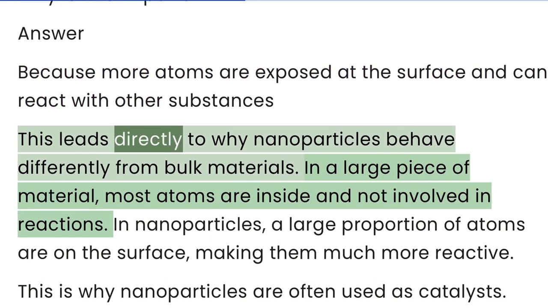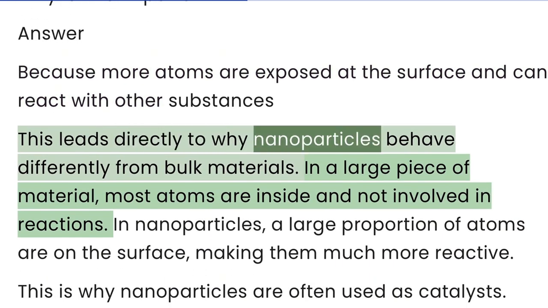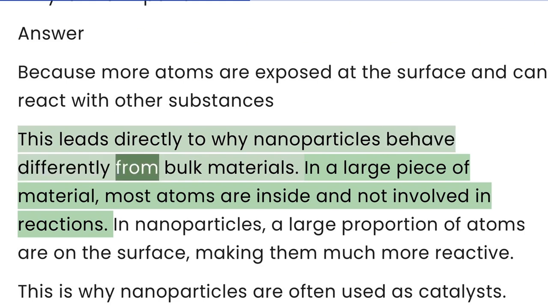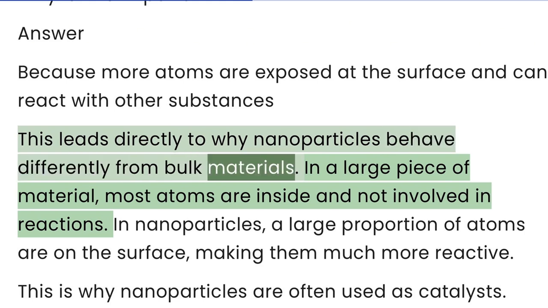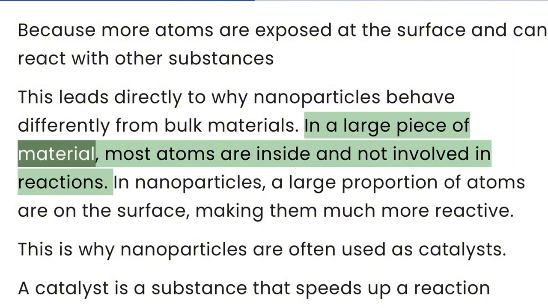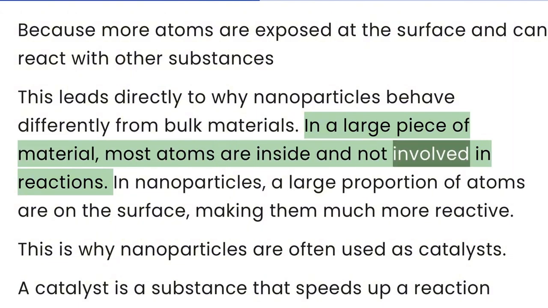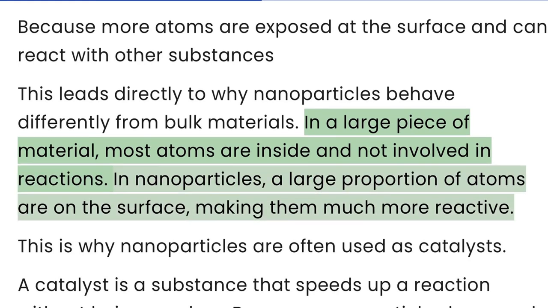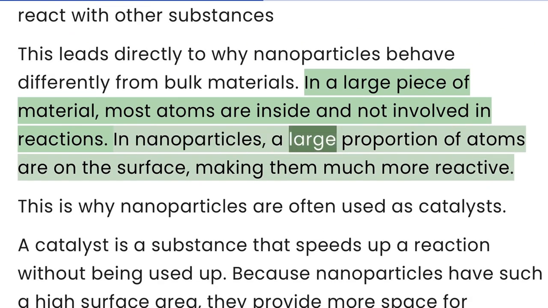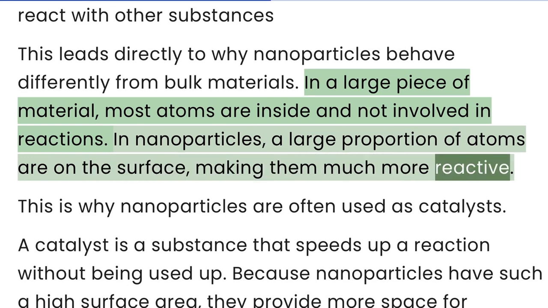This leads directly to why nanoparticles behave differently from bulk materials. In a large piece of material, most atoms are inside and not involved in reactions. In nanoparticles, a large proportion of atoms are on the surface, making them much more reactive.